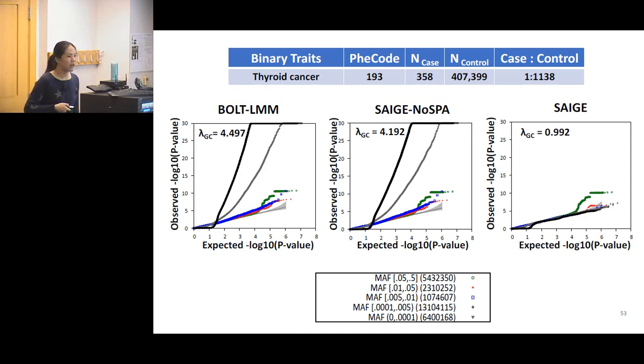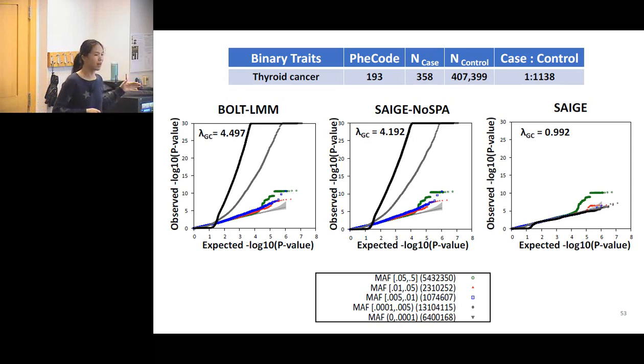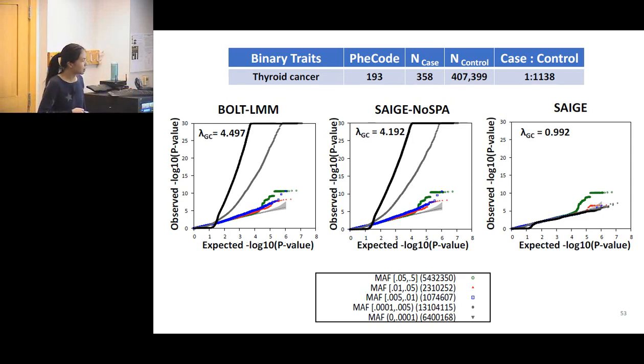Out of the 28 million tested markers, we use a minor allele count larger than 20 to filter out those very, very rare variants. About 90 million of them have minor allele frequency lower than 0.5%, represented by the gray and black dots.